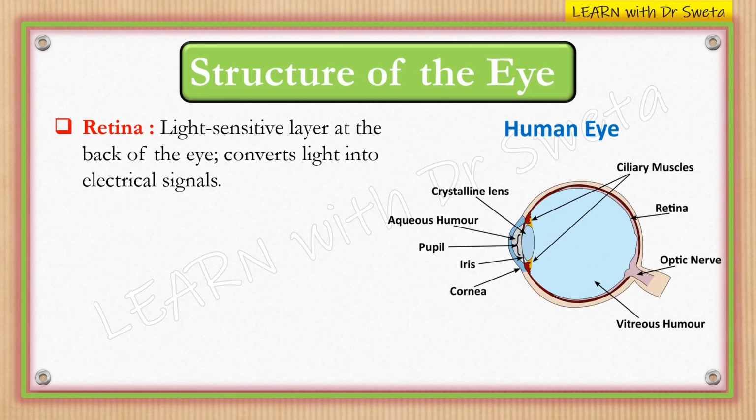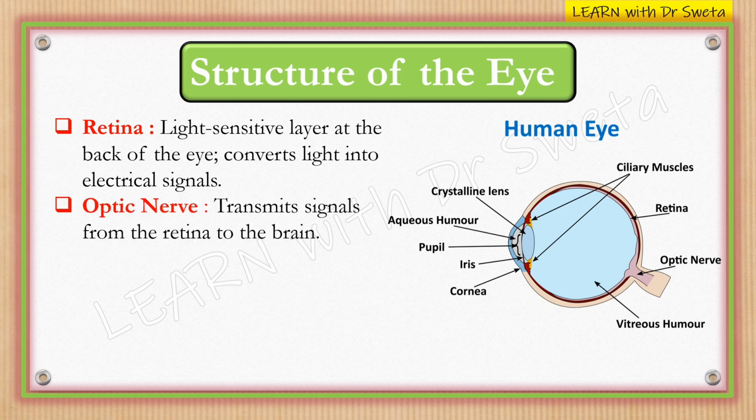Next is retina. Retina is a light-sensitive layer at the back of the eye and it converts light into electrical signals. The retina is a delicate membrane having enormous number of light-sensitive cells. The light-sensitive cells get activated upon illumination and generate electrical signals.